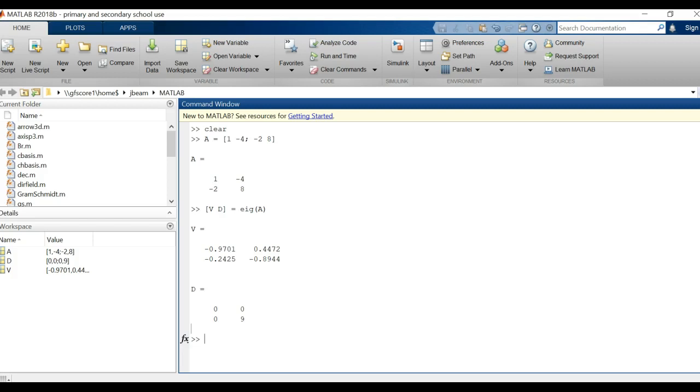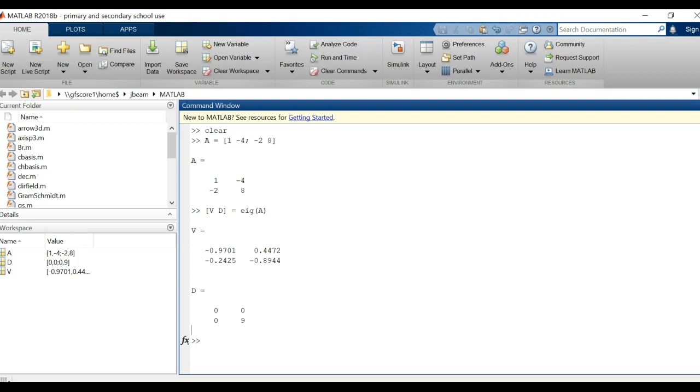The second set of eigenvectors, the one that corresponds to the eigenvalue 9, is going to be 0.4472 and negative 0.8944. Alright, so there we go.